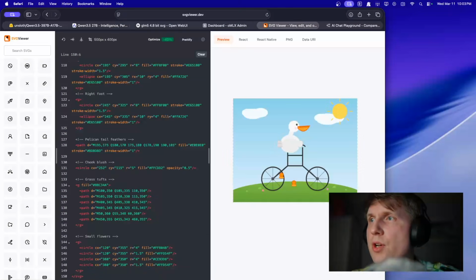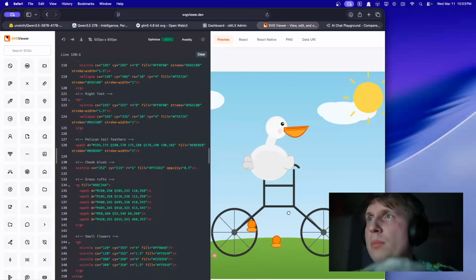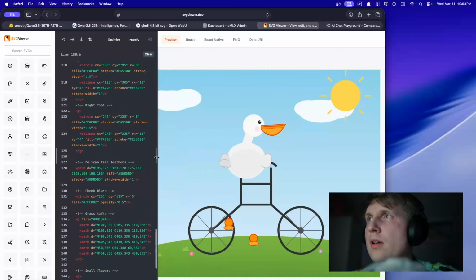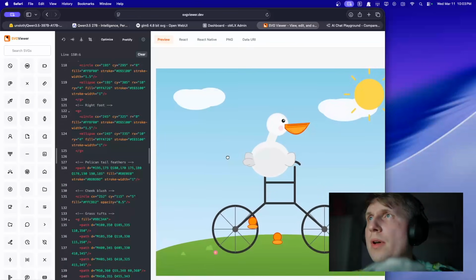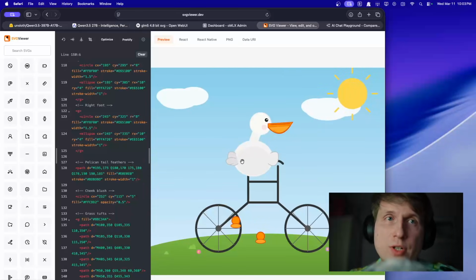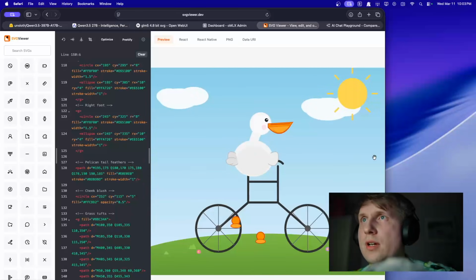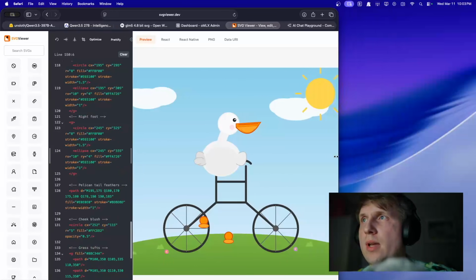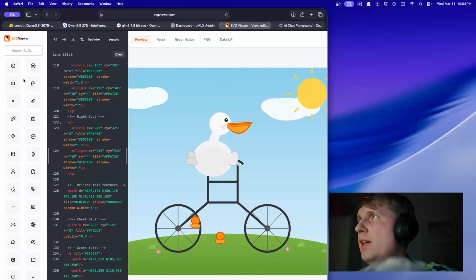Okay, so this is the output. This is the output of the 1 trillion parameter model. And as you can see, there's quite a big difference. Let me just make sure that I'm not in the way here for you guys.